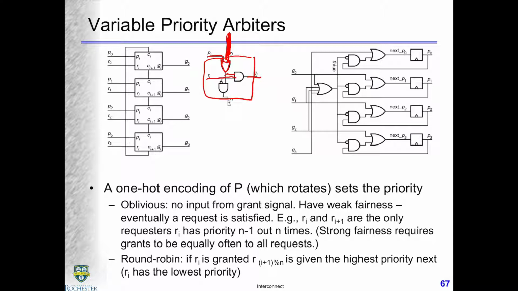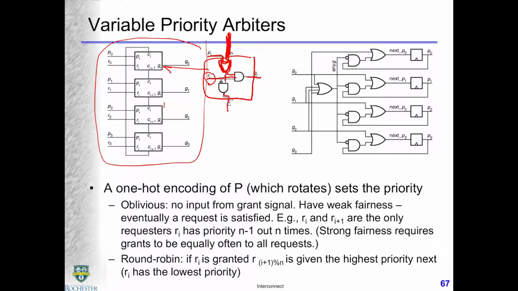If you don't have a request, then you simply pass on whatever priority you were given to the next door neighbor, and if you stack them together, then you have a variable priority arbiter, and all you have to do is inject a one hot variable over here.